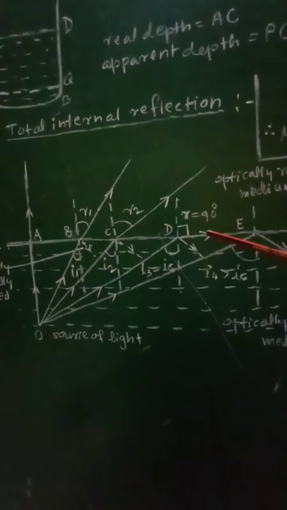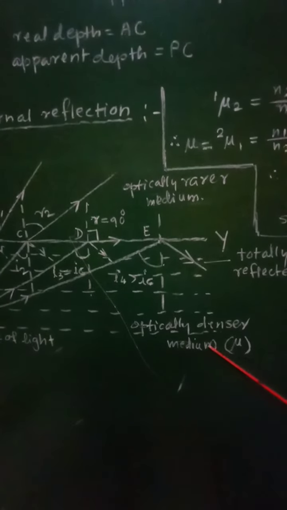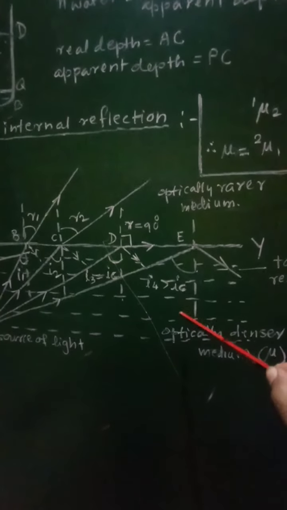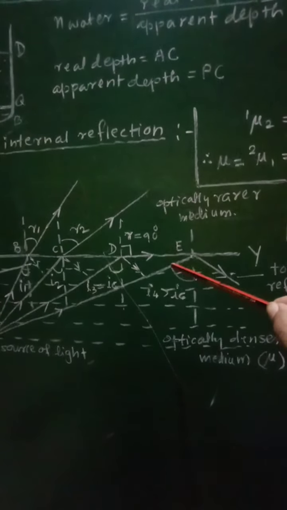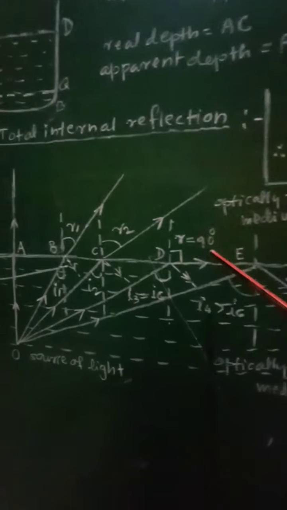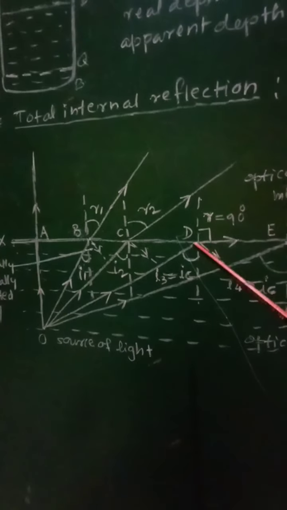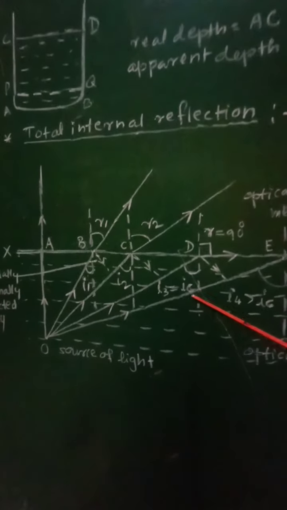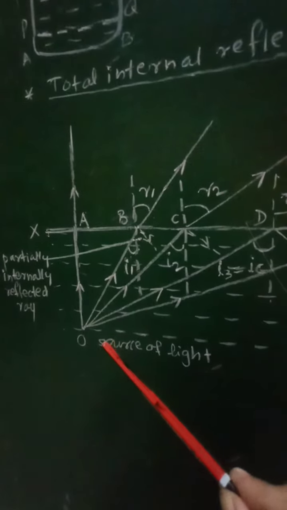Below this surface xy is the optically denser medium having refractive index mu, such as water or glass. Above this is the optically rarer medium like air. So the xy surface divides the media into optically rarer and optically denser medium. The source of light is kept in the denser medium.